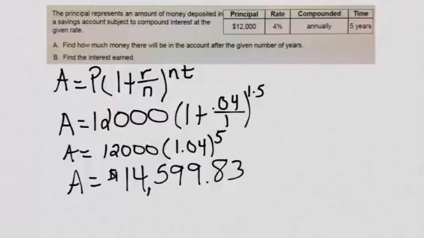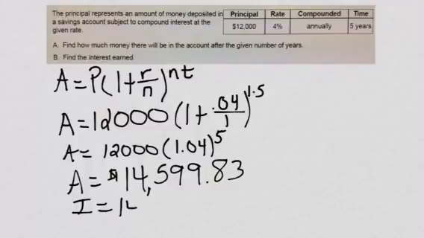So 14,599.83. Now question B says, okay, well, how much interest was accumulated or earned during that time? And so in order to find the interest, we need to do the principal subtracted from the future value.